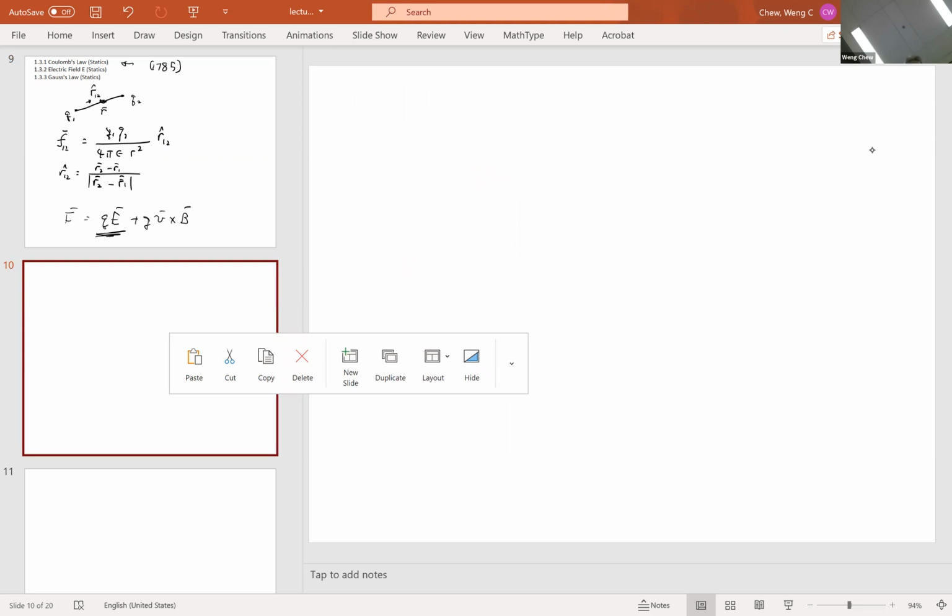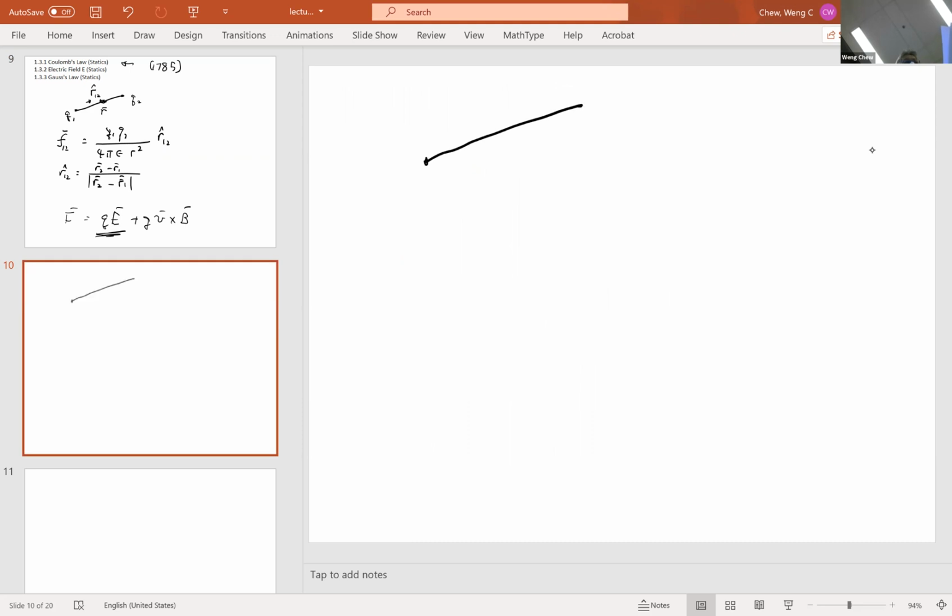Let's elaborate on this further. We assume that there's no magnetic field, just an electric field, and that we have two charges, Q1 and Q2. Let's say Q2 is a small, incremental charge, delta q. The unit vector between them is r hat, and the distance between them is r.